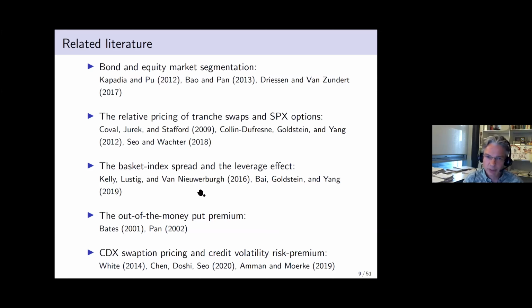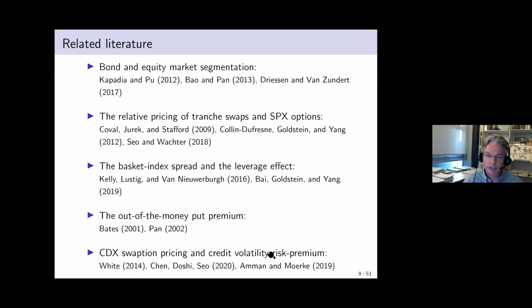But in contrast to these papers, we also introduce the credit option side, and for that we need to introduce a maturity structure of debt. So we have 2 debt maturities, and we're nevertheless able to derive closed form solutions for the prices, in contrast to these papers, which relied mostly on numerical analysis.